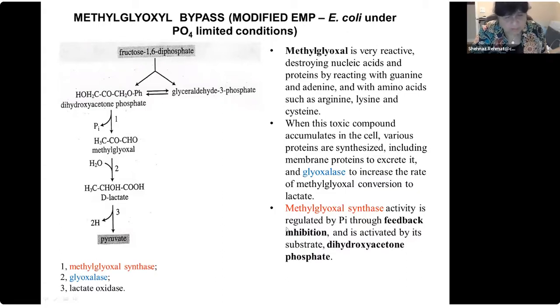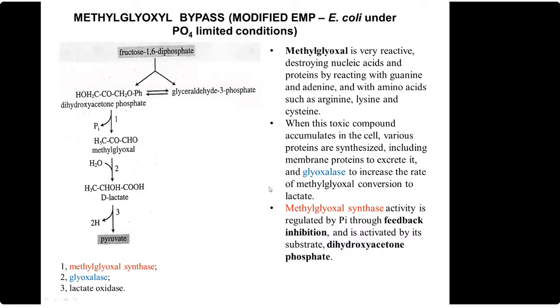Now we will be talking about regulation in the next chapter or so, where you will learn a lot about feedback inhibition, feed-forward activation. Have you heard of feedback inhibition at least? Yes.